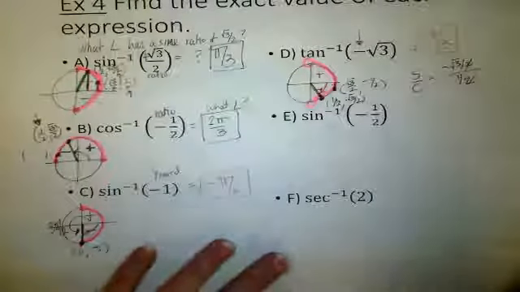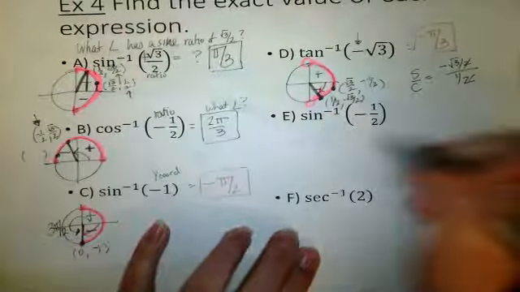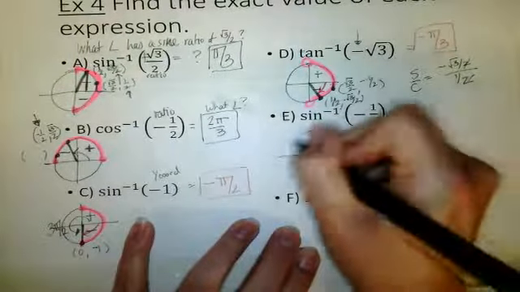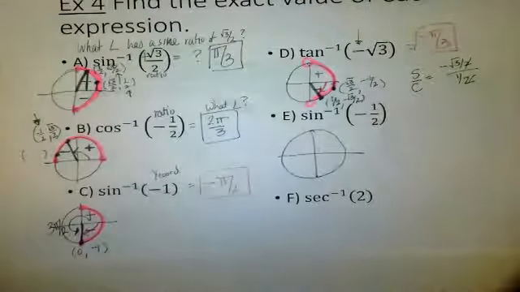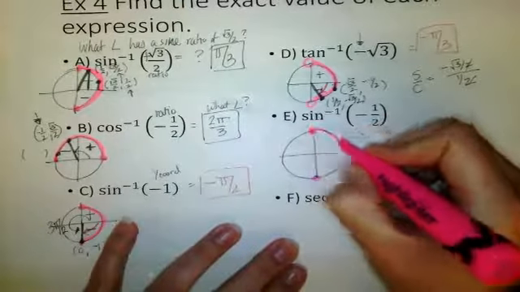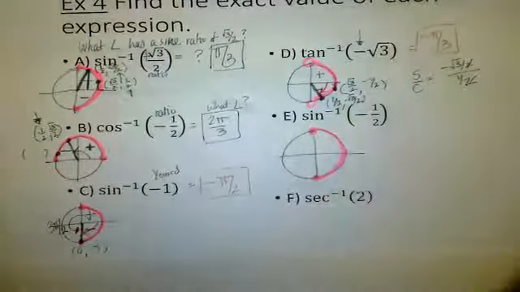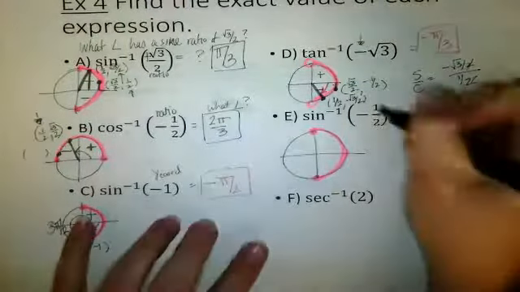All right. We want to know, letter E here, sine inverse, which half of the unit circle? Right side. All right. And then quadrant 1 or quadrant 4? Good, it's negative.